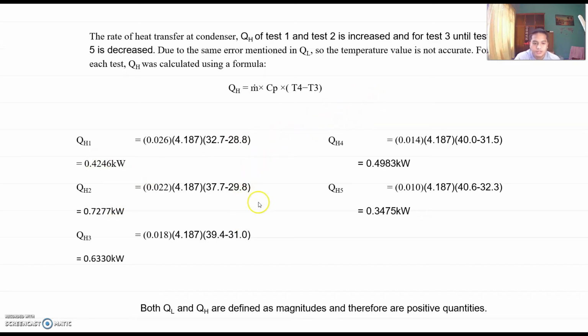This is maybe because the temperature change from test 3 until test 5 is smaller than test 1 and test 2, and due to some difference of mass flow rate from T3 until T5. Okay, due to the same error mentioned in QL, like the eyes of the reader not perpendicular to the scale of the thermometer, so we cannot take the value accurately.